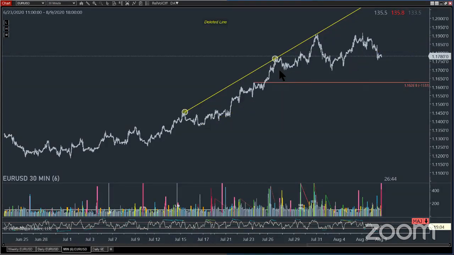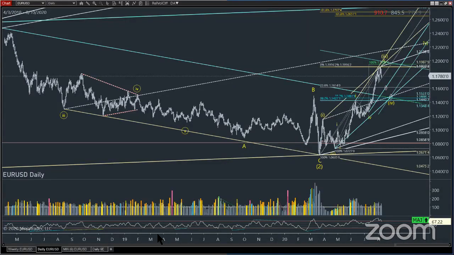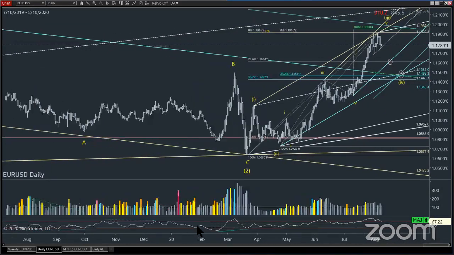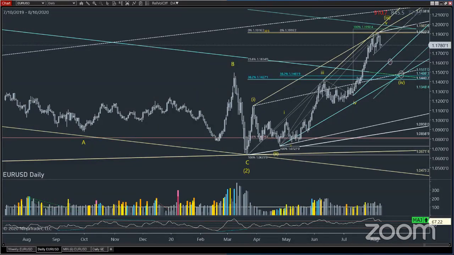Let me finish up Euro real quick because I did the daily and the weekly, but not the 138 too. So I'm talking about it coming down for 20 days, 20 bars, which means a full month. What is it? The 9th. So probably until at least the end of the month, but probably near the end of the first week of September.